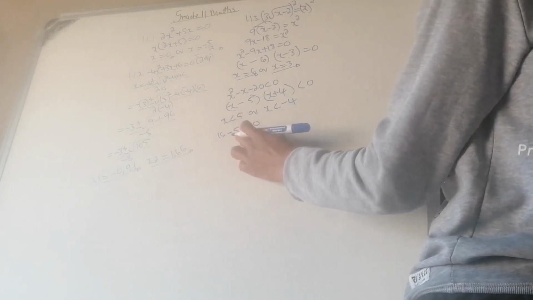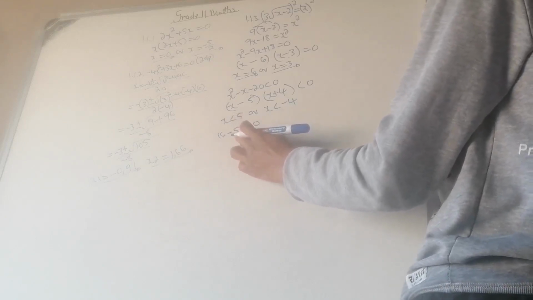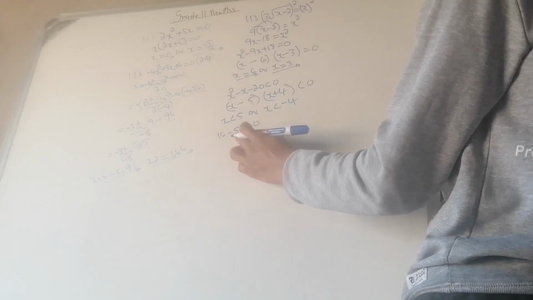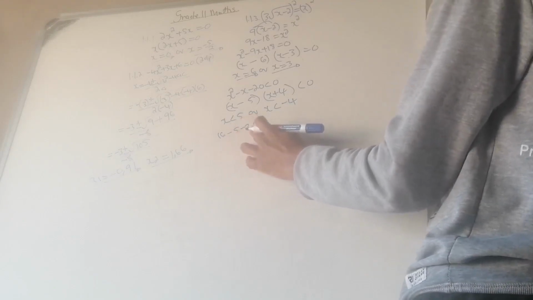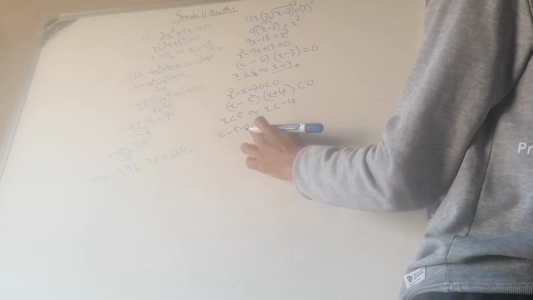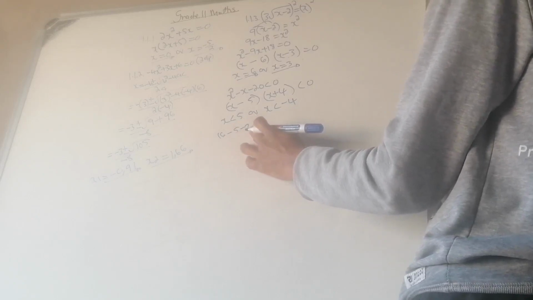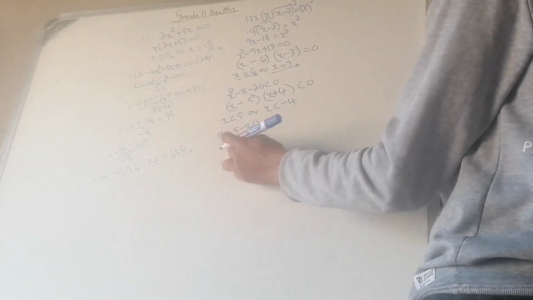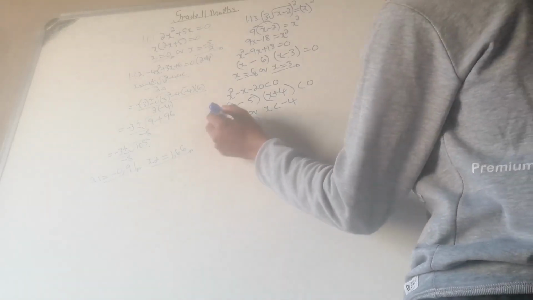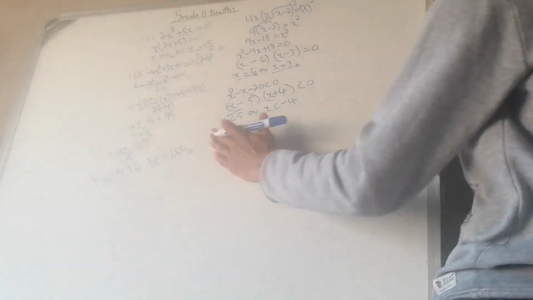That should give you 11. 11 minus 20 should give you minus 9. So is minus 9 less than 0? Is it negative? Yes. So this is correct. The first one is correct.